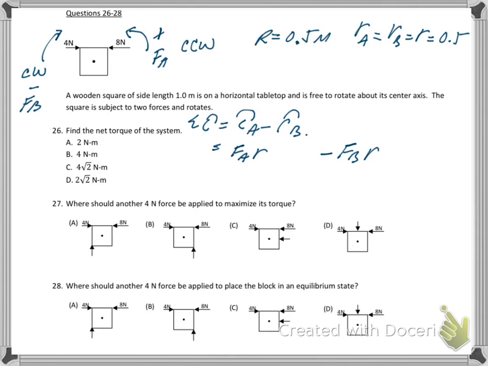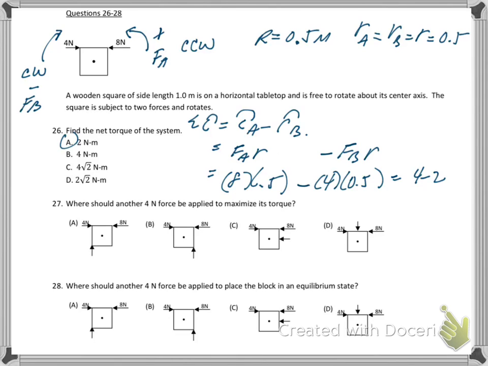So force A is going to be 8 newtons times 0.5 minus the 4 newtons times 0.5. Half of 8 is 4, and half of 4 is 2. So that equals 4 minus 2, which equals 2 Newton meters.